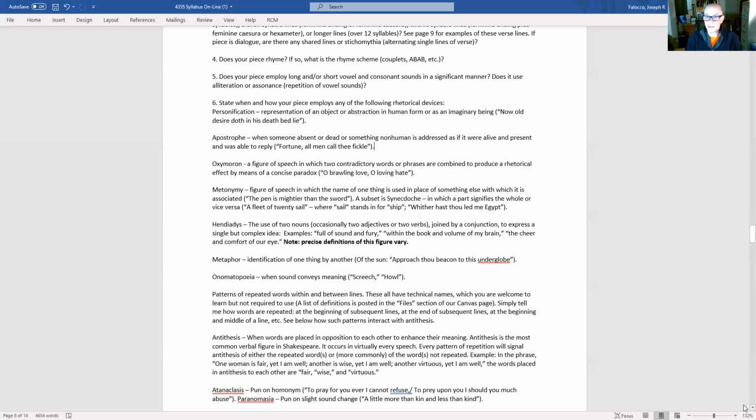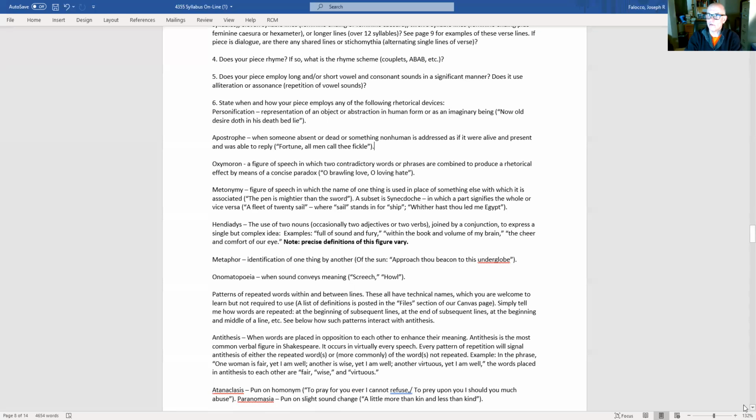A subset is synecdoche, in which a part signifies the whole or vice versa. So, for instance, when Cleopatra says she has a fleet of 20 sail, where sail stands in for the entire ship, that's synecdoche. We also have an example here of what I call, and I made up this term, but it's useful and we need to call it something because it happens a lot in Shakespeare.